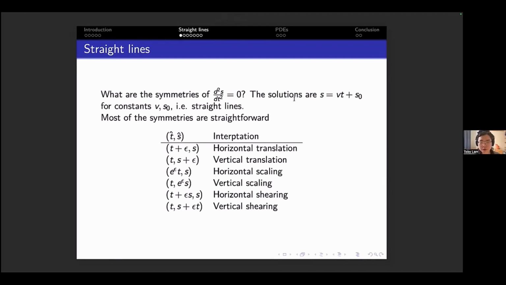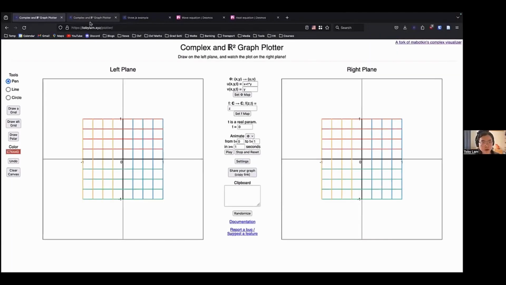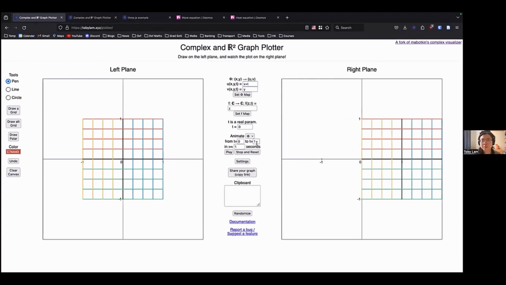I can show you some of these symmetries. In here, I have this left plane and this right plane. Right now, I'm going to model just horizontal translations. It's going to map every straight line on the left, horizontally translated over time.